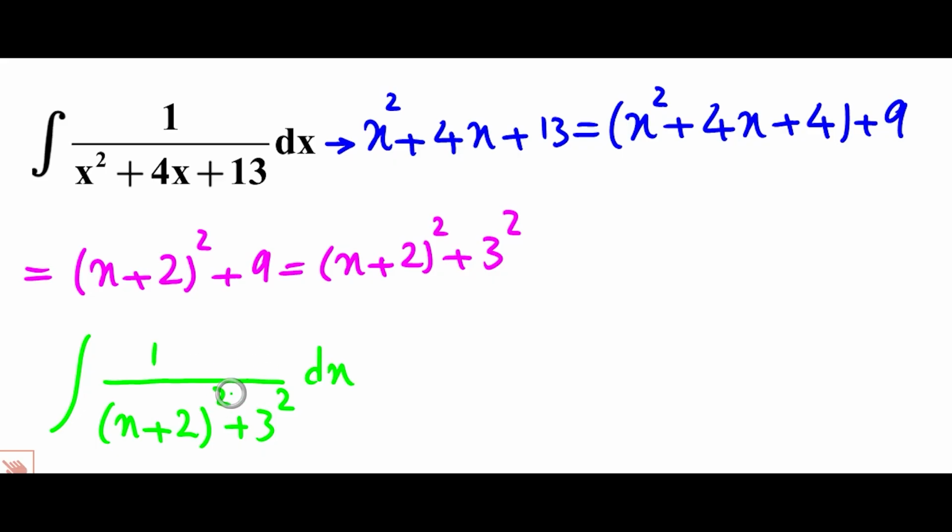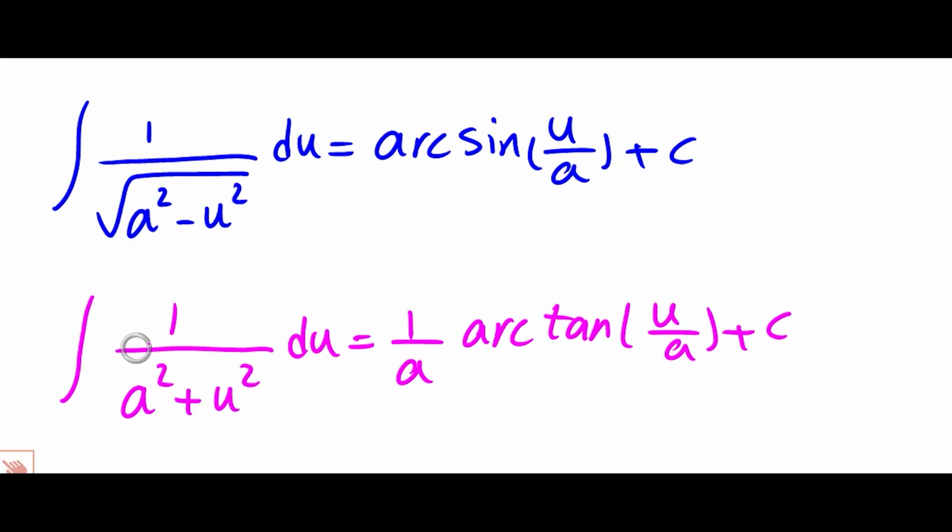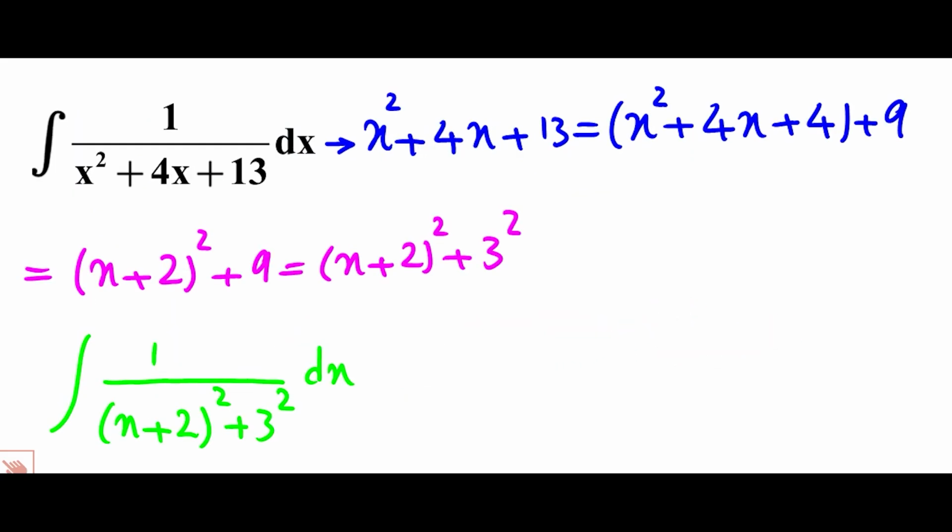This perfectly matches our arctangent formula, which means the integral of 1 over a squared plus u squared du equals 1 over a arctangent of u over a plus c. So in this problem, u is x plus 2. If we take the derivative of both sides, we have du equals dx.